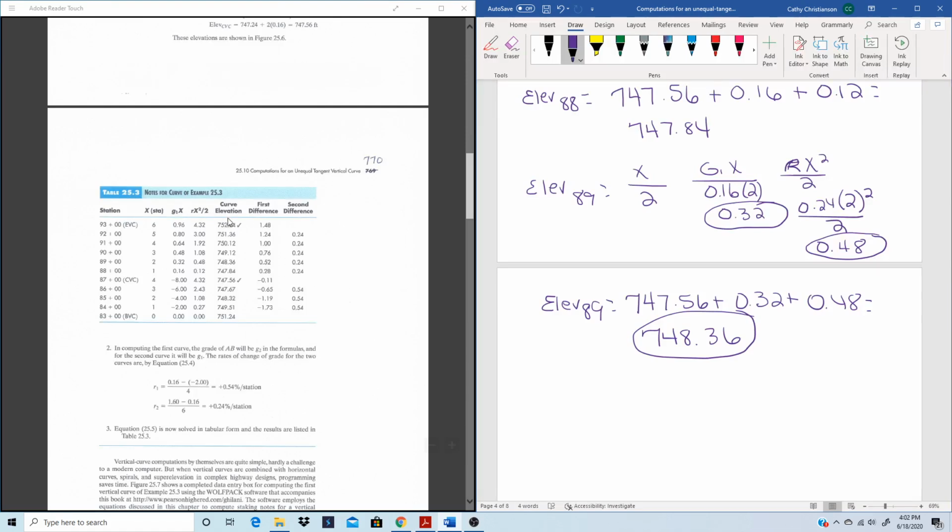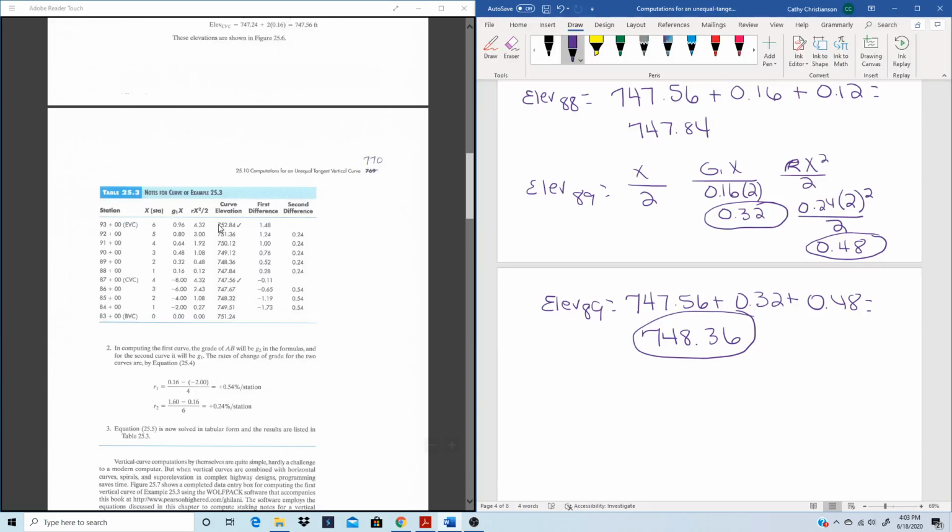Now this one worked out perfect because these were all 100-foot stations. To do the first difference, second difference, they have to be 100-foot stations. So if this was an odd one at the end, like 93 plus 50, you could not do the first difference, second difference. You would have to start with the first one that's an even 100-foot station. So the first difference is you take the 7, and you always start at the top.